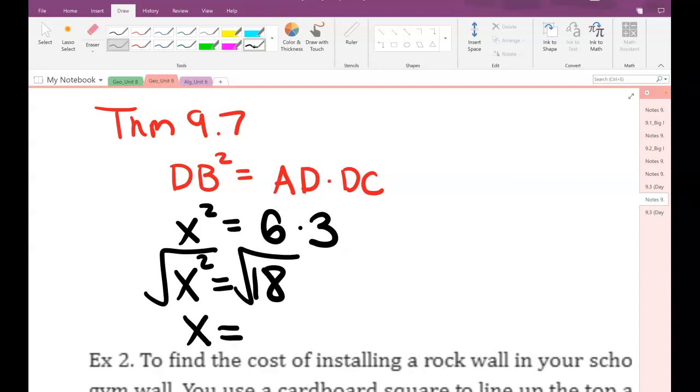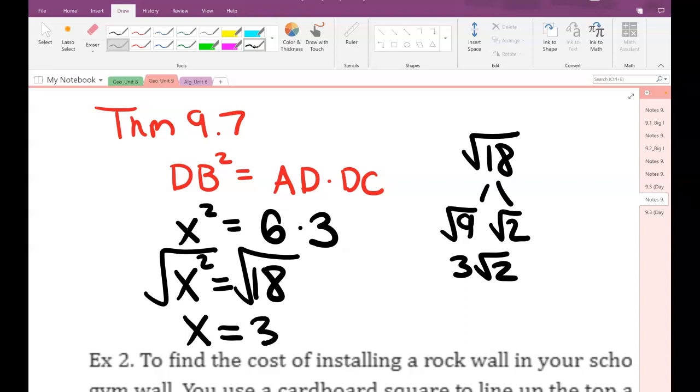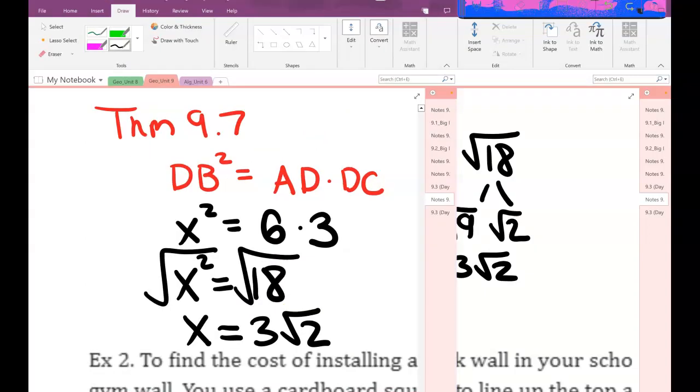So x is equal to, you want to write it as an exact answer, 3 square root of 2, because 9 is the largest perfect square that goes into 18. If you want a rounded answer to the tenth, you would get 4.2.